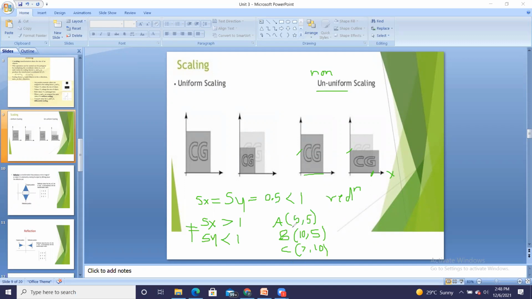Apply the scaling on this triangle with vertices ABC with these parameters.